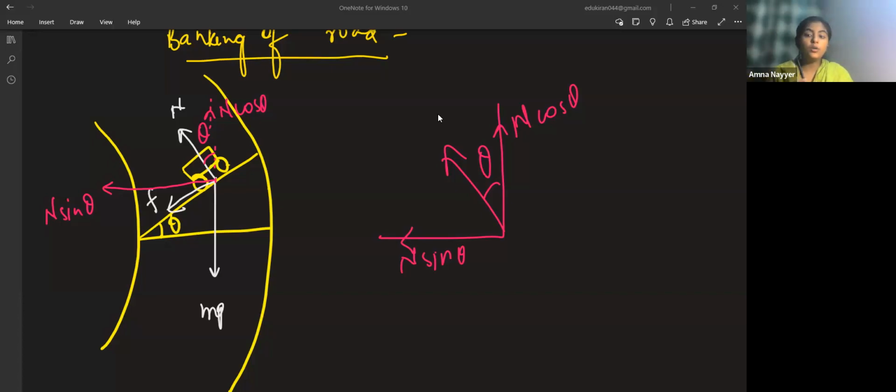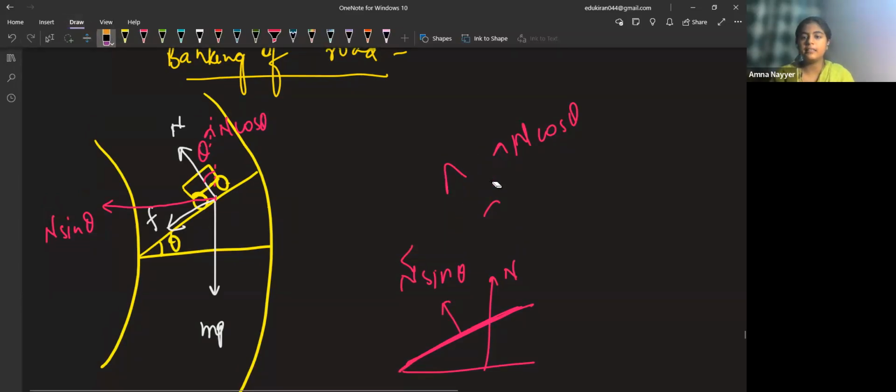Clear? You don't analyze it through the base. Normal reaction is a contact force, one of the contact forces in nature. So wherever the contact occurs, like if this is the contact surface, it acts perpendicular to it. Clear? Why normal reaction is inclined.